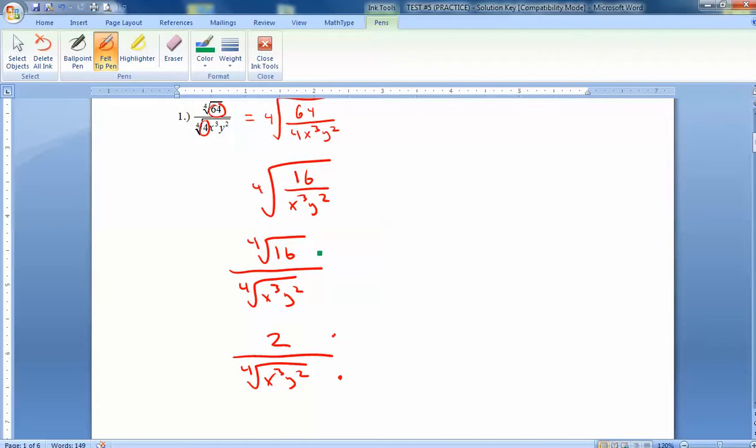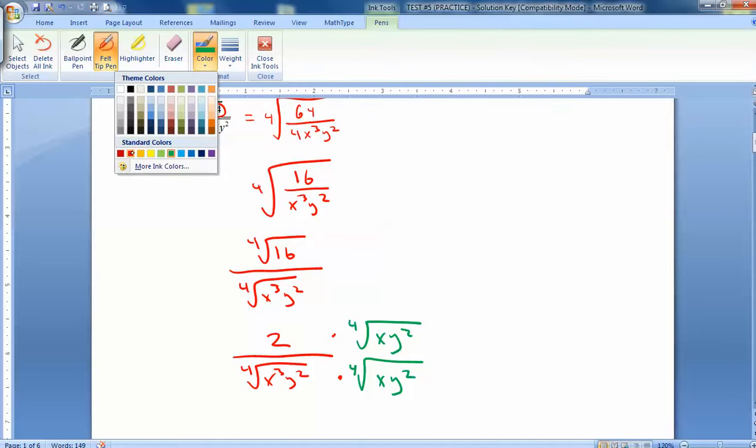So the last thing we have to do here is multiply both top and bottom by the 4th root of something to get rid of the radical in the bottom. Well, if you think about it, you want to multiply both top and bottom by the 4th root of xy squared, because x cubed times x gets you x to the 4th, y squared times y squared also gets you y to the 4th.